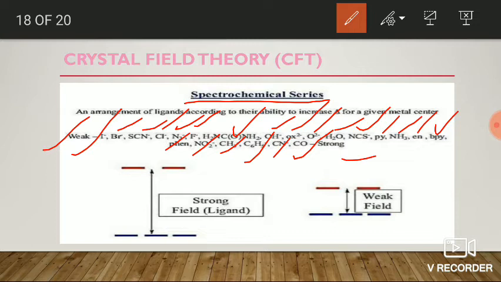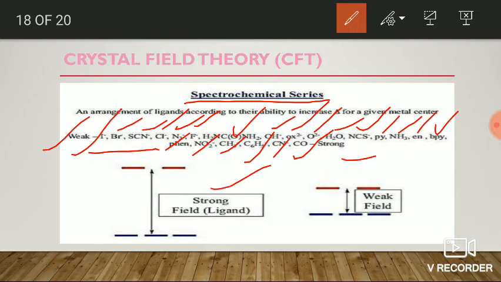The weak field ligands are generally the halides on the left side. In between these weak field and strong field ligands, they are all mild or borderline ligands, for example oxalate, hydroxide, like that, according to their strength.